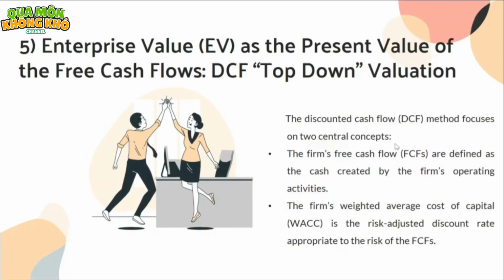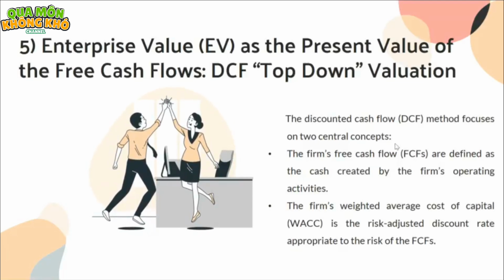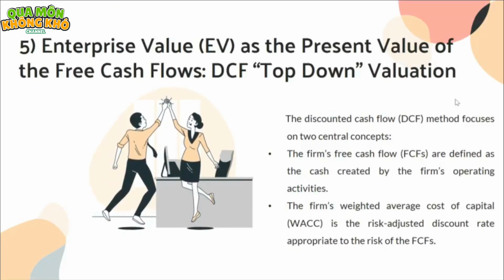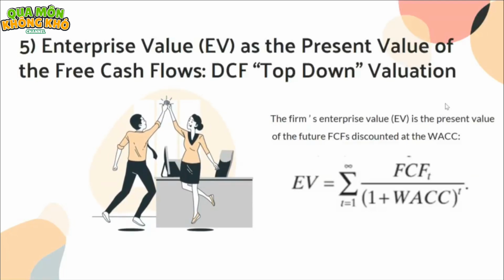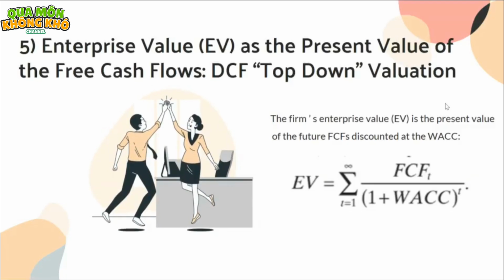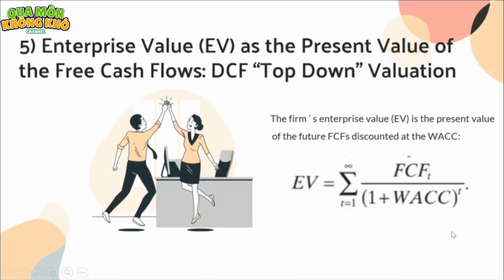WACC is the risk-adjusted discount rate appropriate to the risk of the FCF. And the firm's enterprise value, EV, is the present value of the future FCF discounted at the WACC, and we'll be using this method, which I captured from the screen.